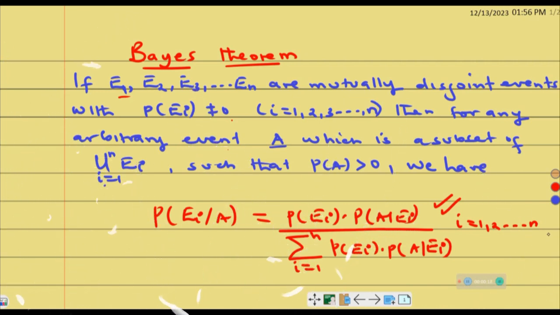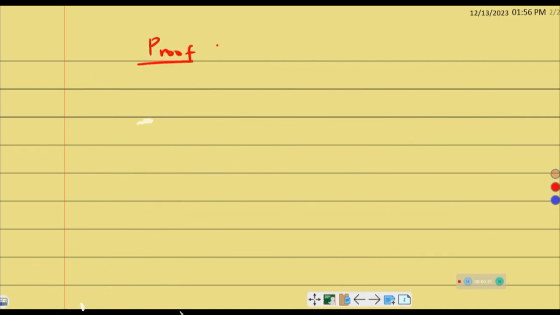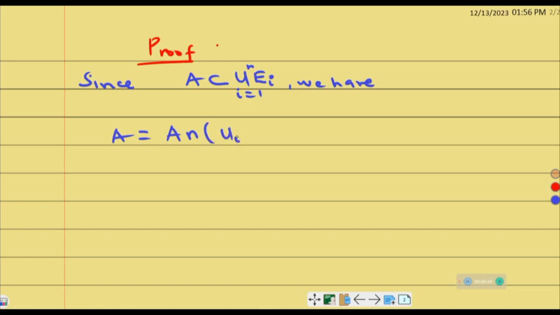So starting with that, since A is a subset of the union of all Ei's running from 1 to n, then we have A is the same as A intersection the union running from 1 up to n of Ei, but this can be written as the union of i equaling 1 up to n.